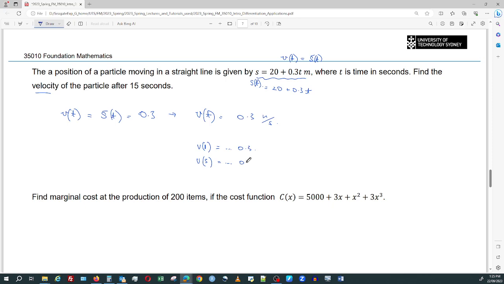It's still constant, 0.3 meters per second. What about at 10 or 15? Doesn't matter. It's still 0.3 in this particular example. The speed is constant regardless of time, 0.3 meters per second.